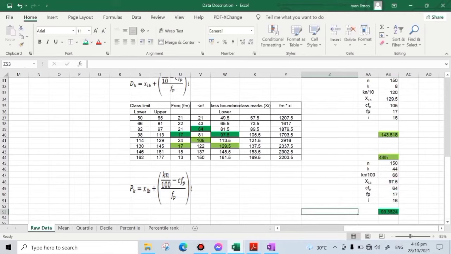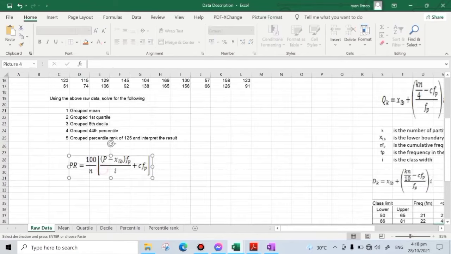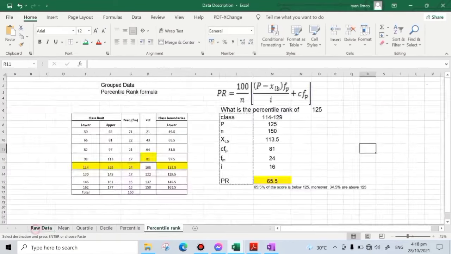If we look here, this 99.38 is included in the class interval of 98 to 128. And that is correct. So this is our formula for the percentile.